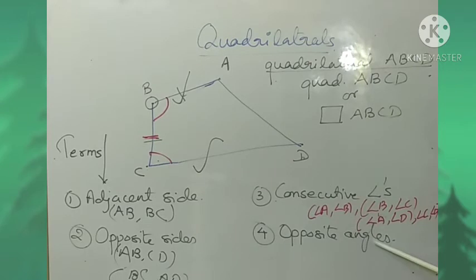Now the opposite angles. Opposite angles are those which do not have any common arm. So angle B and angle D, or angle A and angle C, are the opposite angles. These are some terms which you should know when we are doing quadrilaterals. Otherwise it will be very difficult to understand.